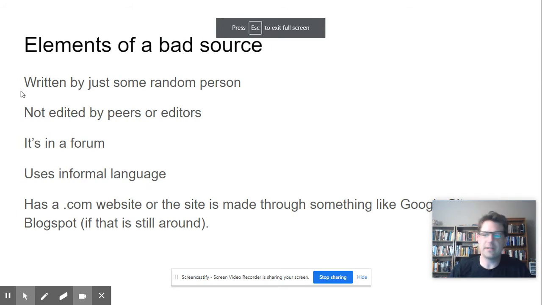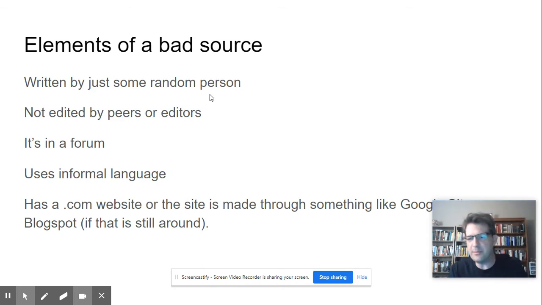So let's just take a look at some of these here. For one thing, it's not written by an expert, it's just some random person like me. I'm not an expert. So I'm just a random person, so you don't want to read my blog. The other problem with it being written by a random person is that it's not edited by peers or editors. Okay, so it doesn't go through peer review, it doesn't go through editor review.